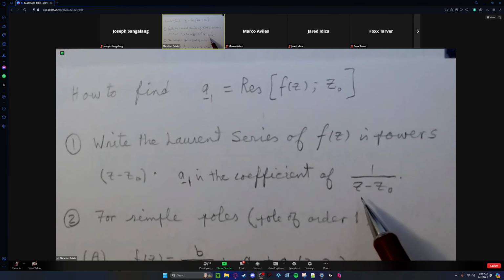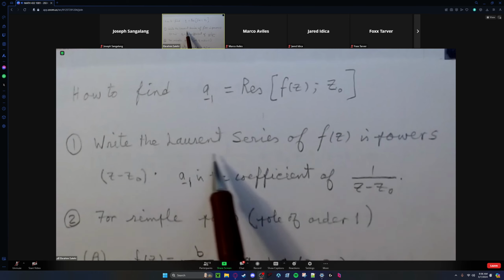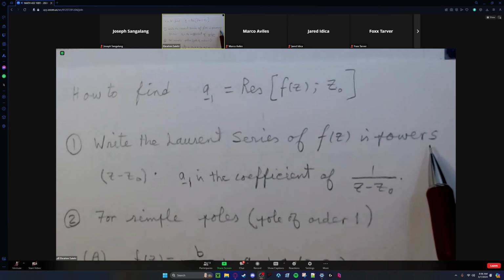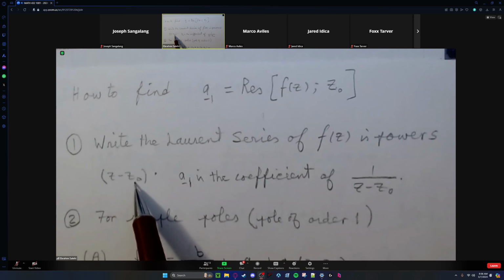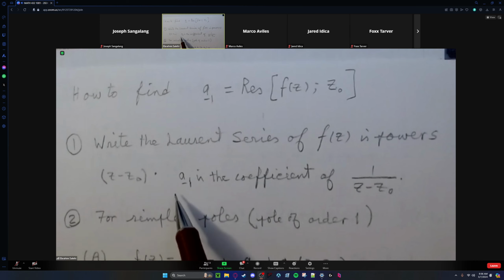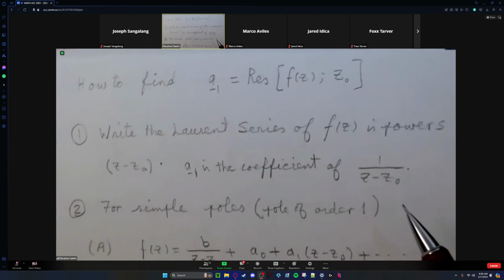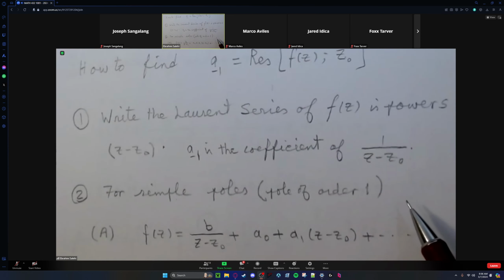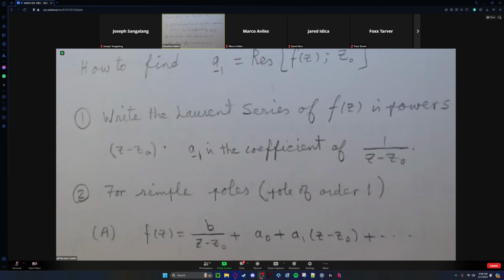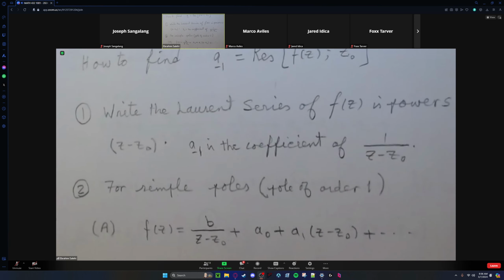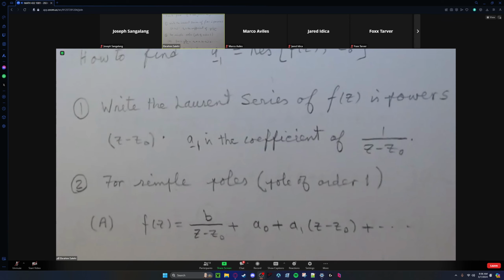One way, which always works, is to just write the Laurent series in powers of z minus z0, and the coefficient of this term is your residue. That's always a very sure approach.